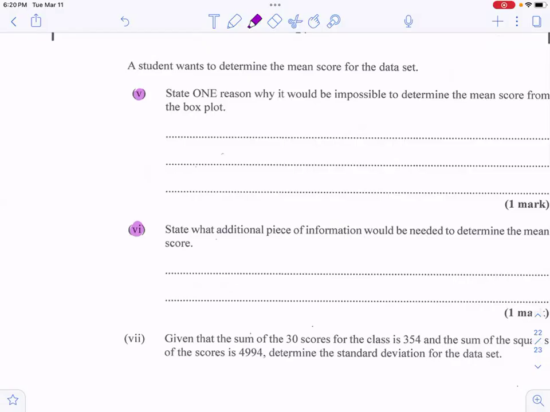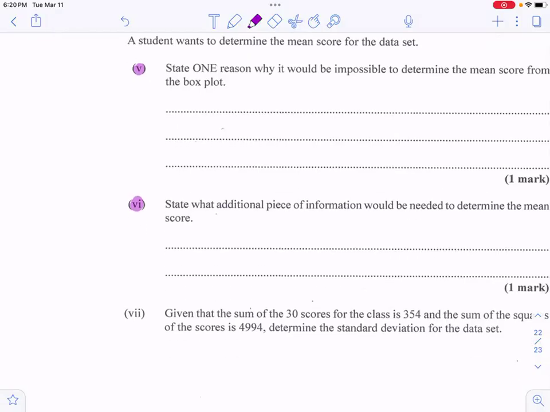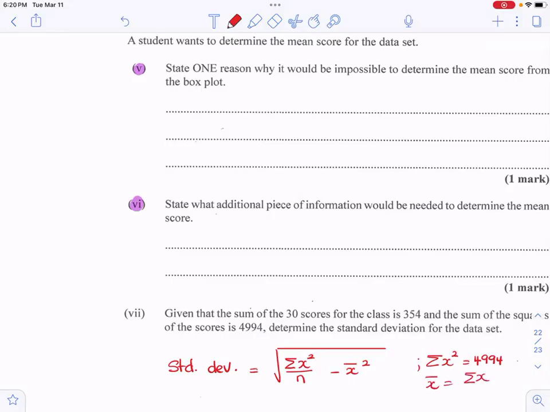You could work out the standard deviation as well. So the formula for standard deviation is the square root of the sum of x minus x bar squared over n. From the question, the sum is given, and you have to find x bar, which is the sum of x divided by n.